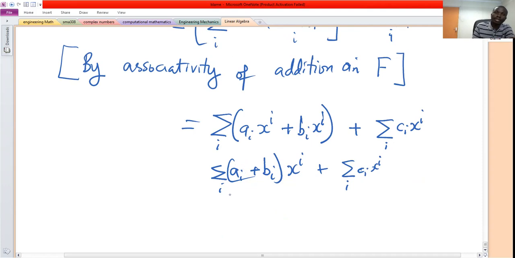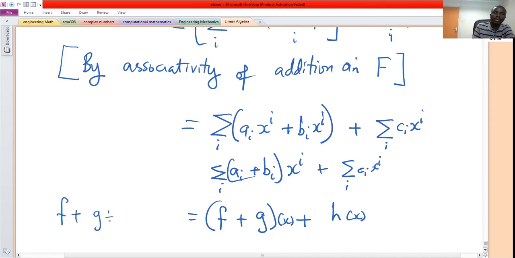So this is the same as f plus g, and then plus h, which is the definition of h. Remember, these are in terms of x, and we started from f plus g plus h of x.